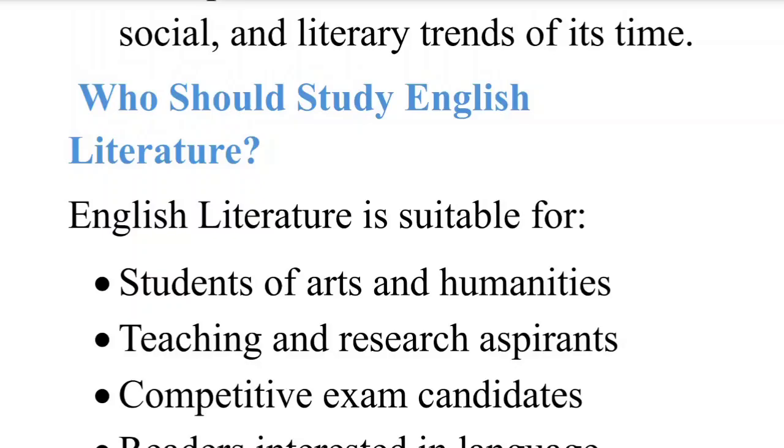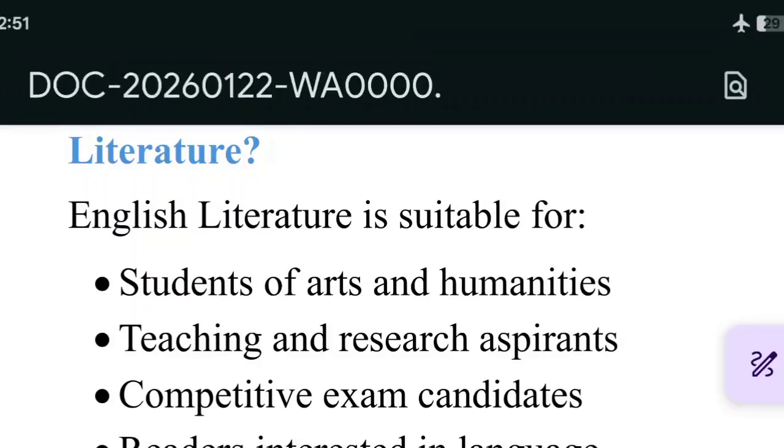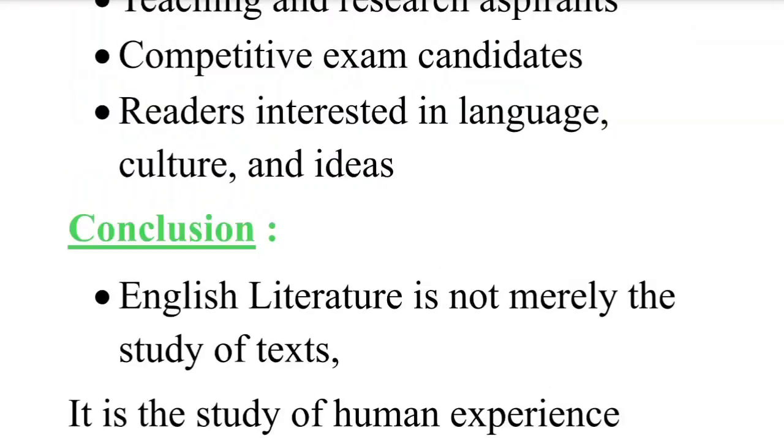Those who want to pursue a career in teaching English language and literature, research aspirants like PhD candidates, and competitive exam candidates who want to settle in a teaching career of English or any other jobs related to English literature. And also readers who are interested in language, culture, and ideas.